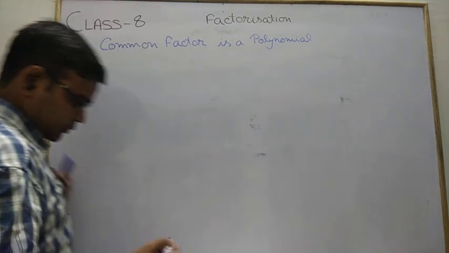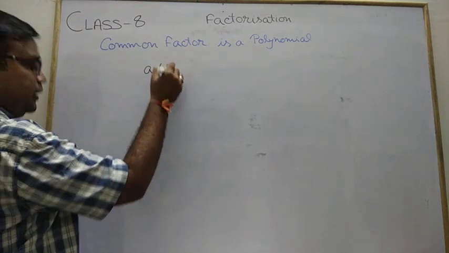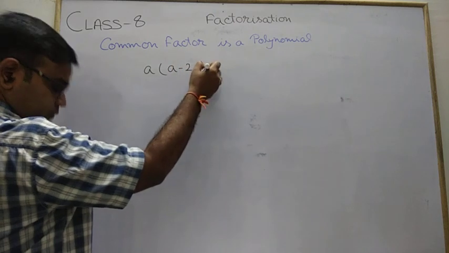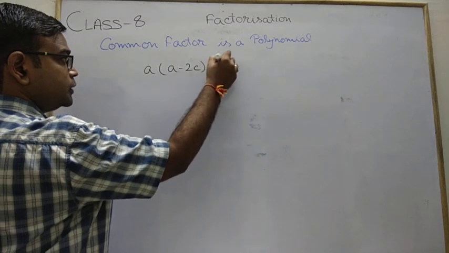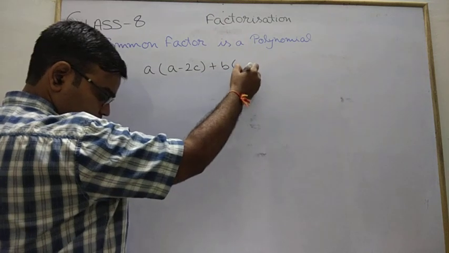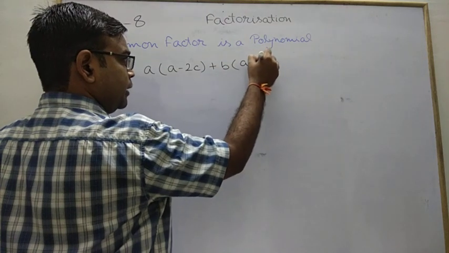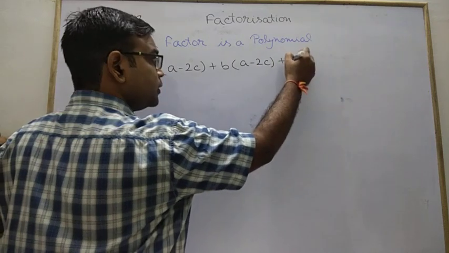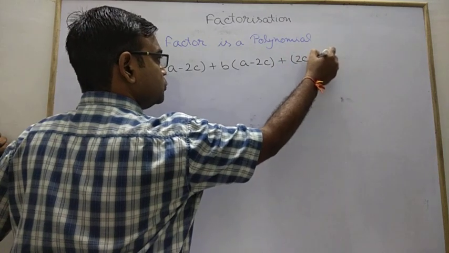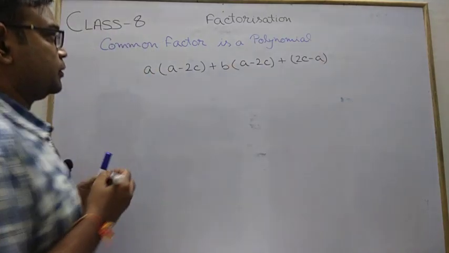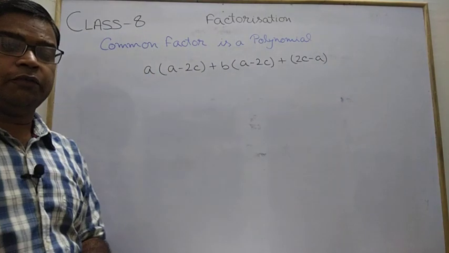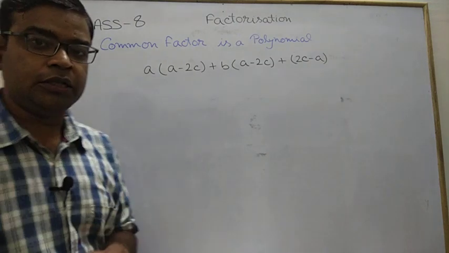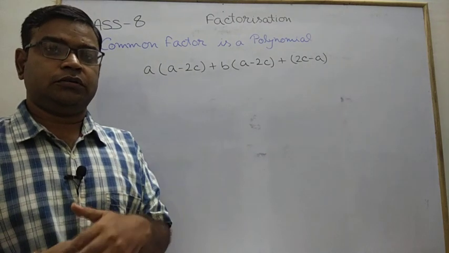That question is very simple: a into (a minus 2c) plus b into (a minus 2c) plus (2c minus a). So many of you, those who are in a hurry in writing, miss this.